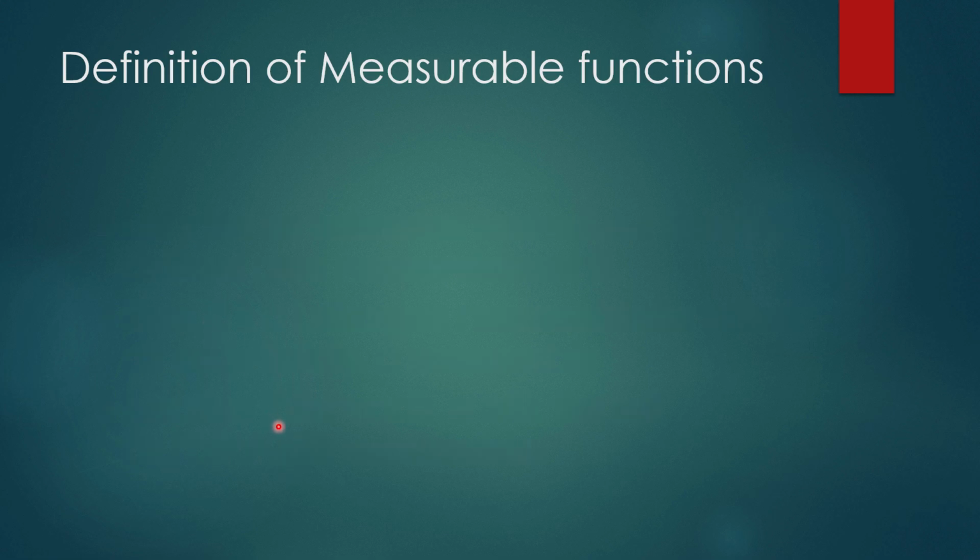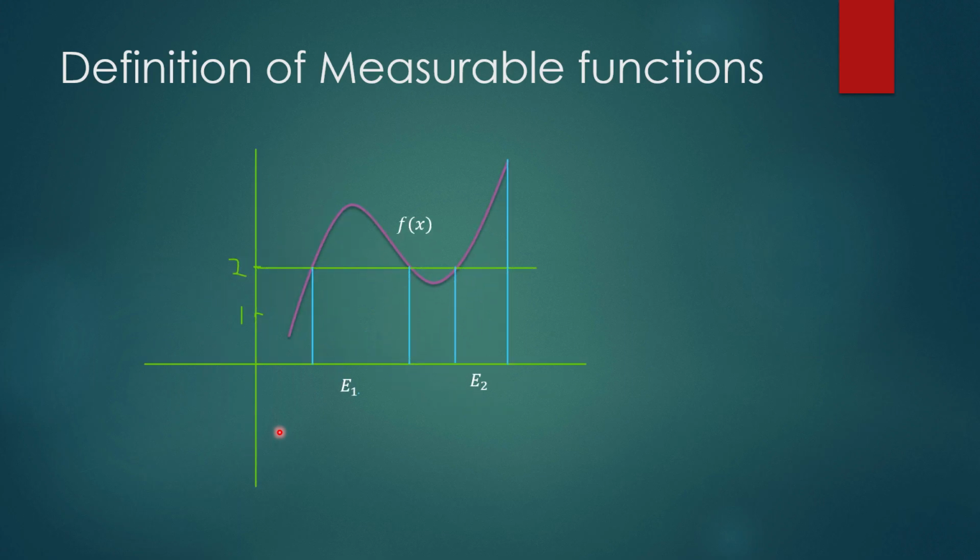All right, so let us see some illustration of this. Suppose the graph of the function is this one, and suppose alpha is exactly equal to 2.